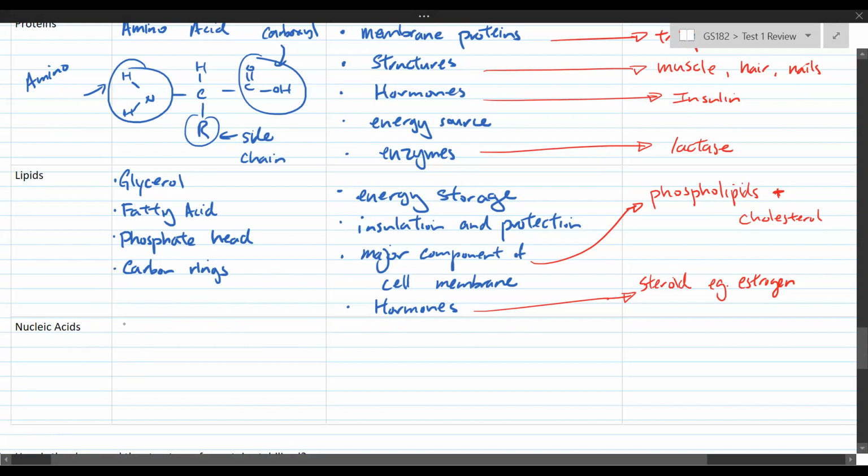Nucleic acid, the monomer is nucleotide. And if we're talking about DNA, then it's ACTG. But for RNA, we don't have thymine. Does anybody remember the alphabet in RNA?